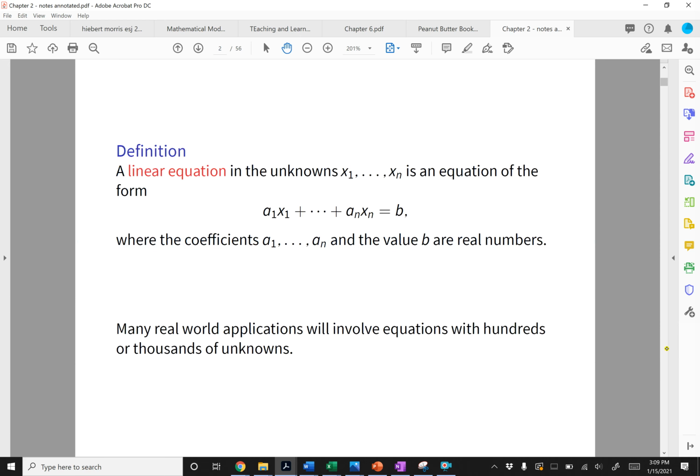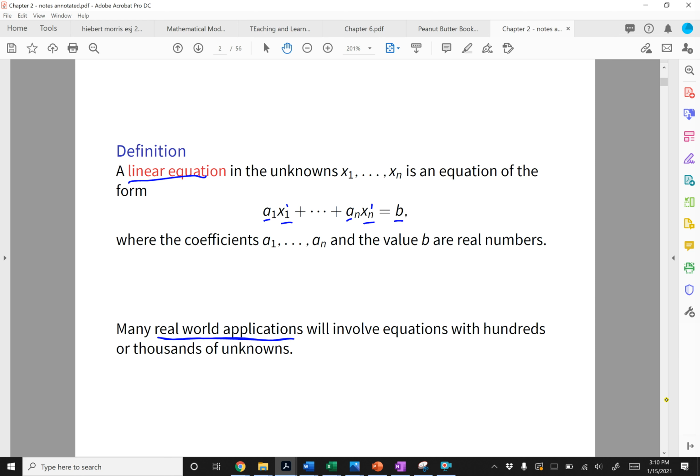Okay. So what do we mean by a linear equation? It's an equation where all your variables are to the first power and you have coefficients and they're added together. They're added or subtracted, you're not multiplying or anything. Okay, equals a constant. The a's and the b's are real numbers.